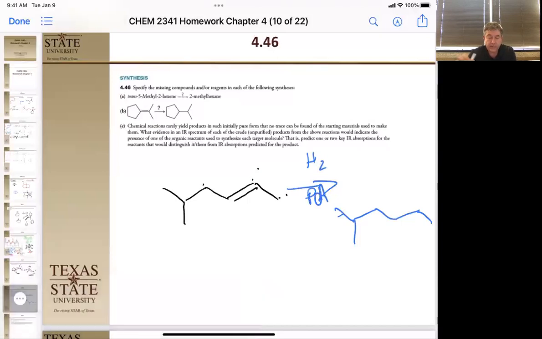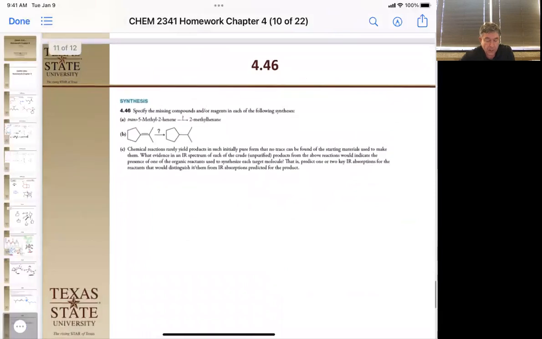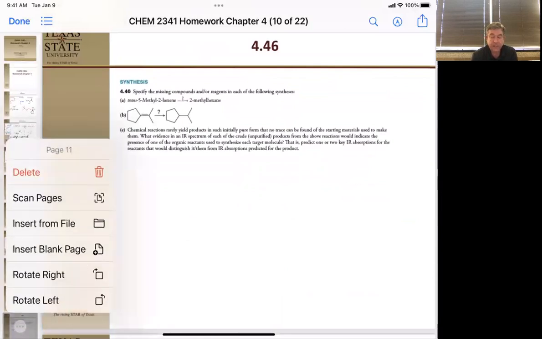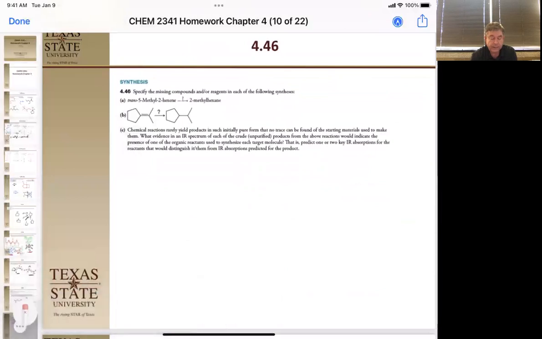All right, so the next one right here, again, we're doing a reduction of the double bond. Nothing else changes, so the reagent for this is going to be hydrogen with platinum, palladium, nickel, something like that.